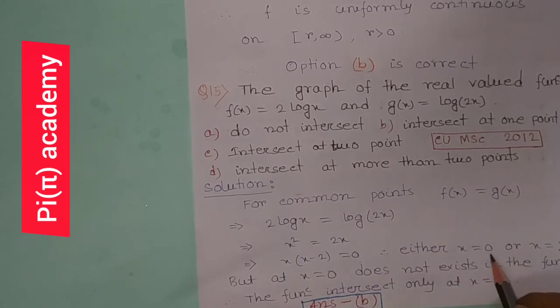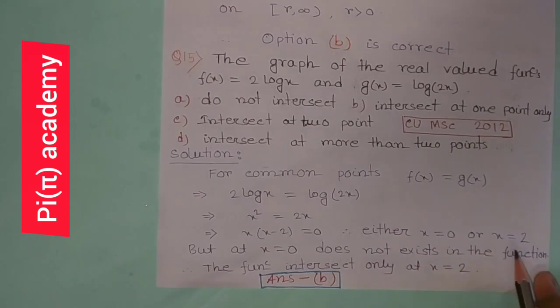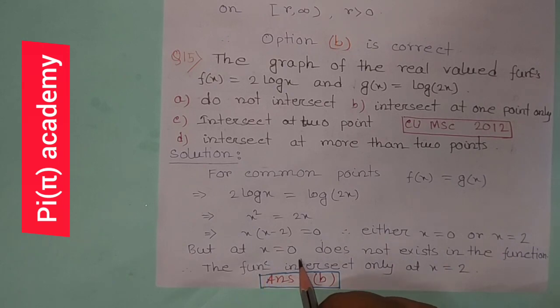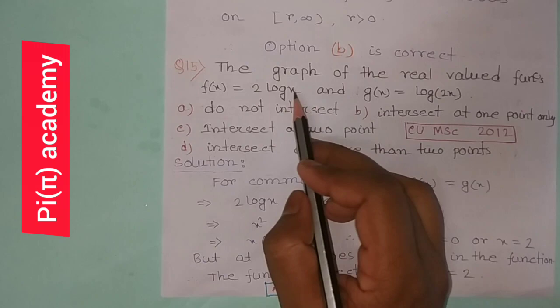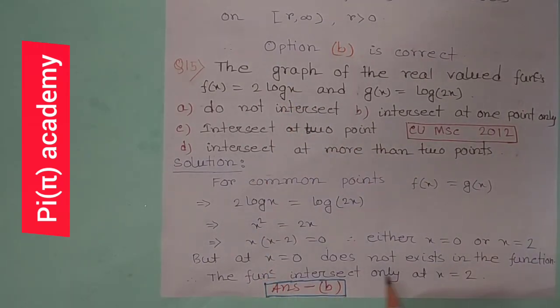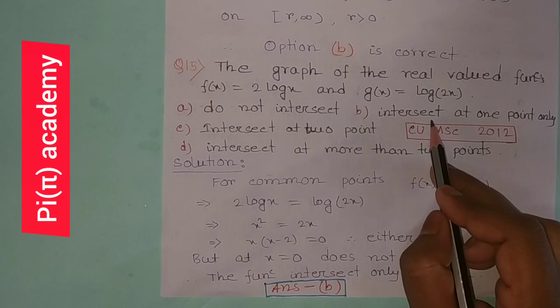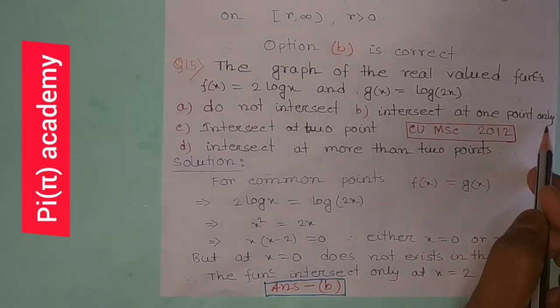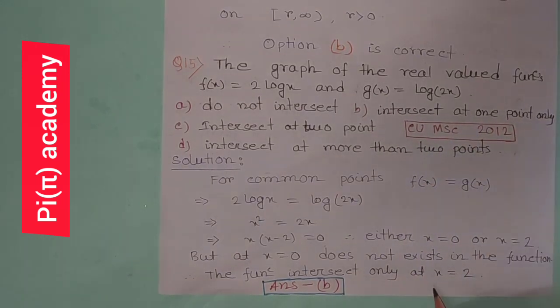Therefore either x equals 0 or x equals 2. But x equals 0 does not exist in the function because log 0 does not exist. Therefore the functions intersect at x equals 2. Hence option B is correct, since they intersect at one point only, and that point is x equals 2.